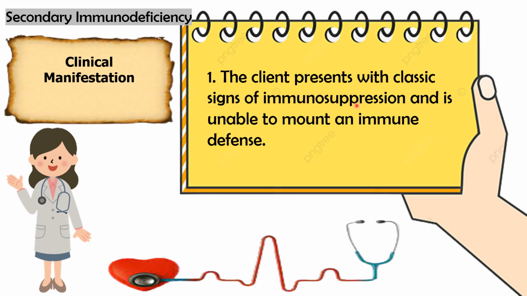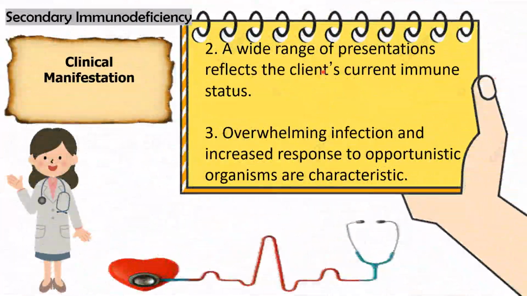The client presents with classic signs of immunosuppression and is unable to mount an immune defense. So there is a wide range of presentations reflecting the client's current immune status, and there would be overwhelming infection and increased response to opportunistic organisms.